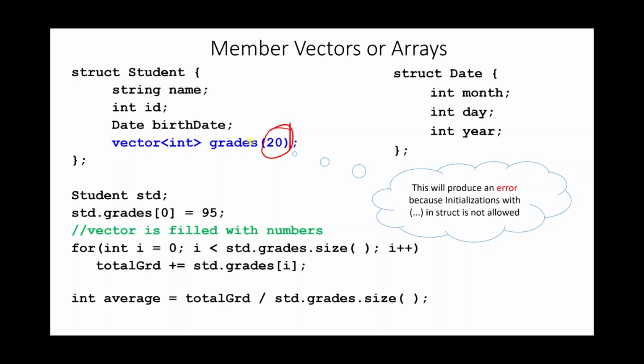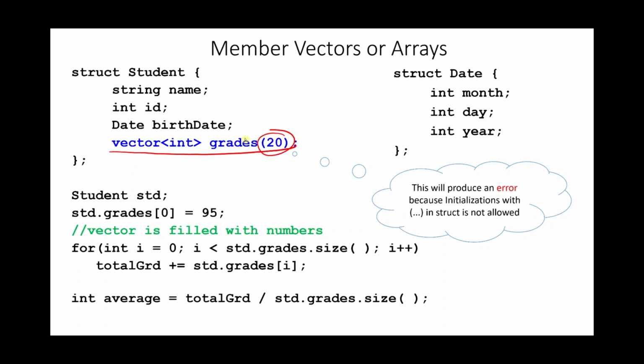You can have a generic vector or a dynamic vector, but not a vector where you set the size before compile time. So if you try to do this, it is going to give you a compilation error because initialization with the parentheses is not allowed.